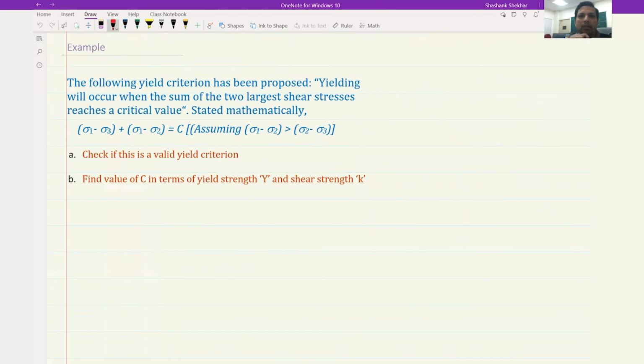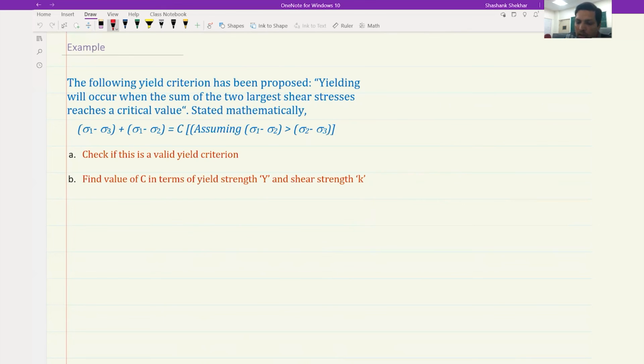It doesn't mean that all materials have to follow the same yield criterion. There are certain basic minimum requirements for a yield criterion, and based on that, you can have several yield criteria. One of them is given over here. The following yield criterion has been proposed: yielding will occur when the sum of the two largest shear stresses reaches a critical value.